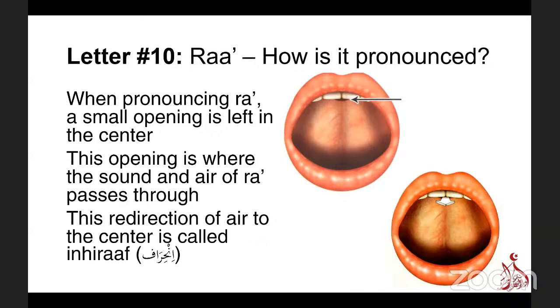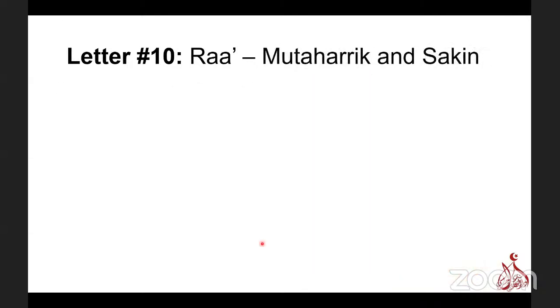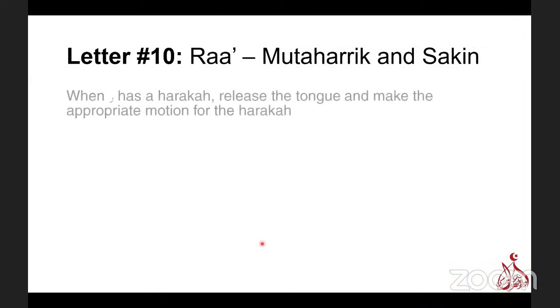So now let's take some examples where it's mutaharrik and sakin so we can see it a bit better. When Ra has a haraka, release the tongue from that area and then make the appropriate motion for the haraka. Ra, Rahim. Your tongue was on top, but when you had to say the Ra, you had to let it go from there. With a dhamma, ru: Rubama.